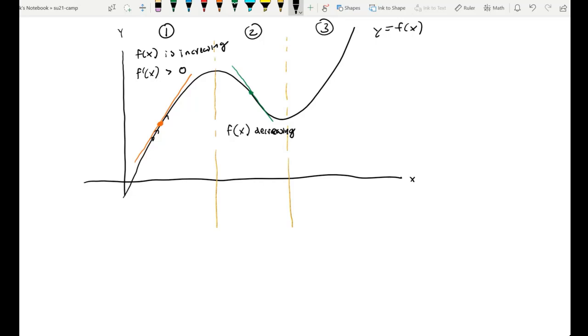It's negative. So you're going to learn that a negative derivative for a function indicates that the original function is decreasing, and so on. For interval 3, of course, f of x is increasing. As x goes up, so does y, and the derivative would then have to be positive, as we can tell by the positive slope of this tangent line. Okay. All right.